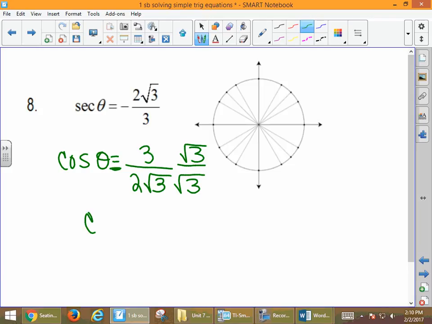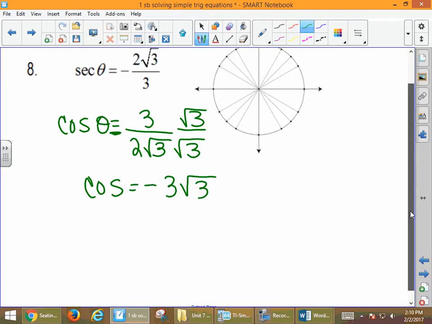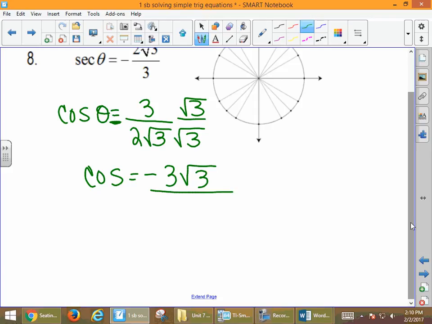So this is going to be cosine of theta equals negative 3 times the square root of 3. We multiplied the tops of the fraction together, the numerators. Down here in the denominator, when we multiply, 2 times radical 3 times radical 3 is 2 times the square root of 9. I did move my negative up to the top, and that's okay. It's a negative fraction, so our negative can be in the top of the fraction, in the bottom of the fraction, or in front of the fraction.